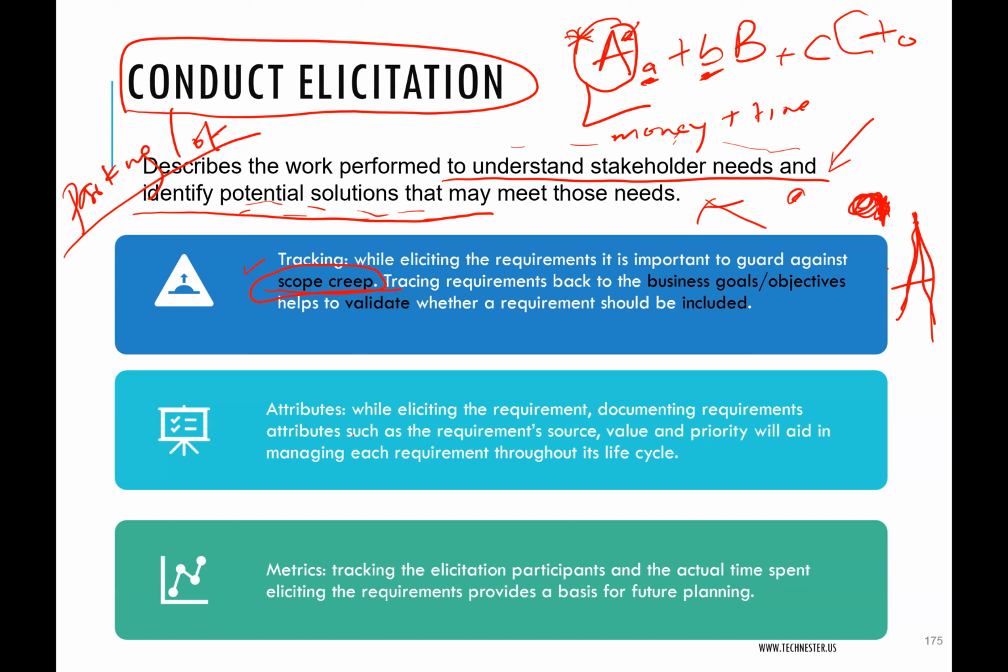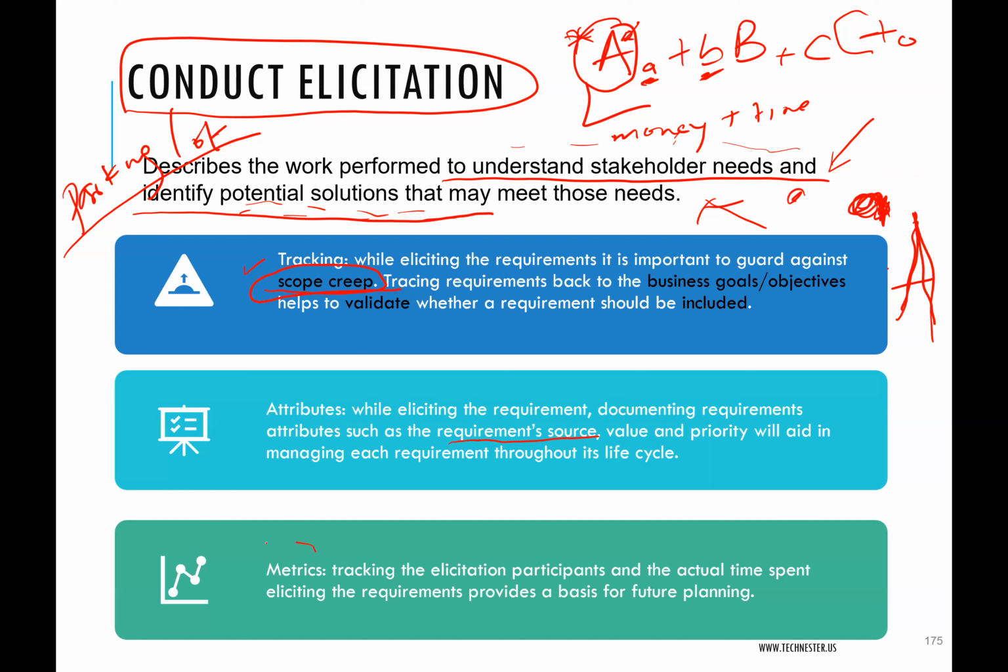Those are the attributes of requirement, right? So a BA would document requirement attributes as it's collecting the requirements. And I already mentioned why that is necessary. How do you know who to go back to if you want more clarification about the requirement? Okay. So that's just one of the reasons why you should document attributes.